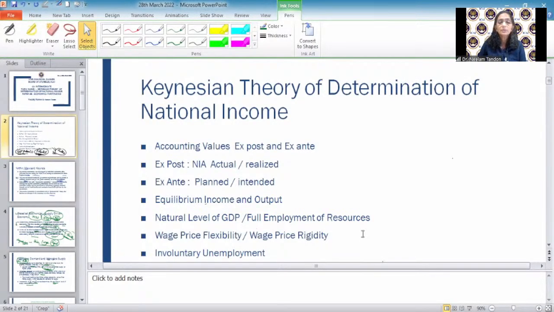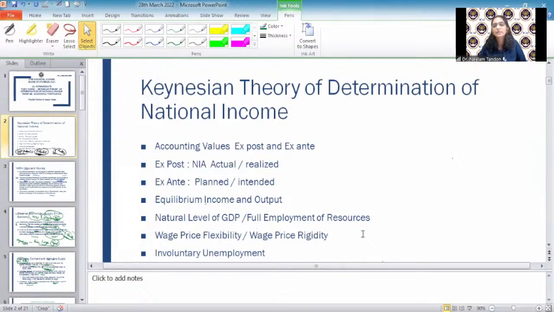Number three, the question I wanted to ask you is with respect to marginal propensity to consume. Why is marginal propensity to consume greater than 0 and less than 1?